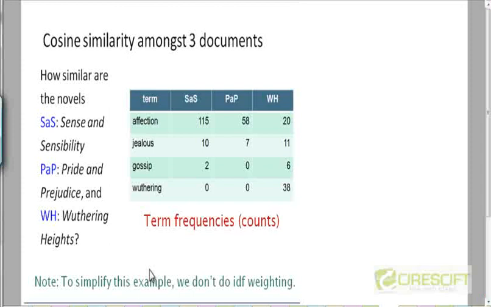Maybe they're not exactly random, but they've been chosen nonetheless: affection, jealous, gossip, and wuthering. In Sense and Sensibility, the term frequencies of these four terms are given in this column. In Pride and Prejudice, they are given in this column, and for Wuthering Heights, in the third column.